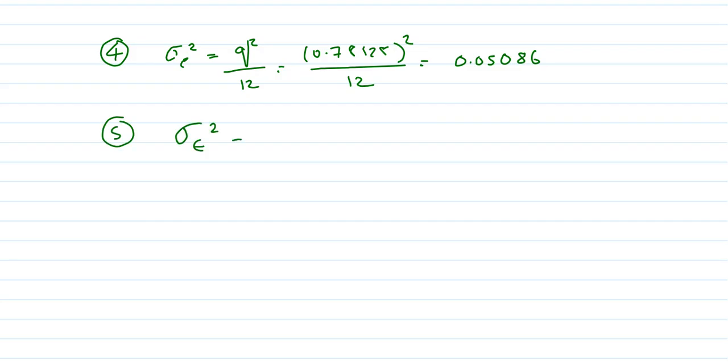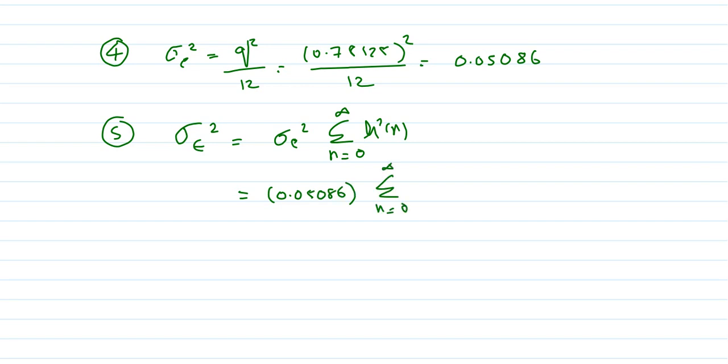Compute the variance due to output. The variance due to output is given by sigma E square into summation n equal to 0 to infinity h square of n. Sigma E square we have computed already, 0.05086, into summation n equal to 0 to infinity of h of n, which is 0.8 power n u of n, whole square.